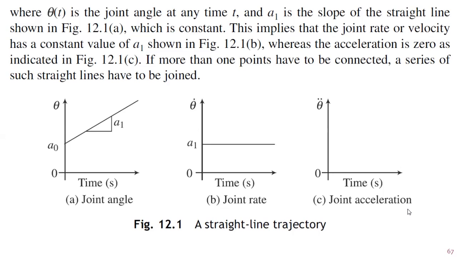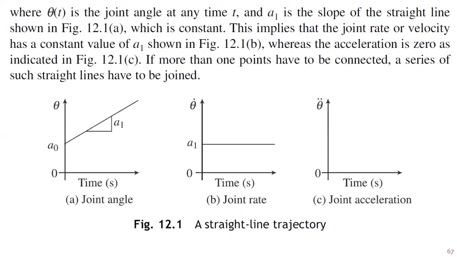This implies that the joint rate or velocity has a constant value of a1 shown in figure 12.1b, whereas the acceleration is 0 as indicated in figure 12.1c. If more than one point has to be connected, a series of such straight lines have to be joined.